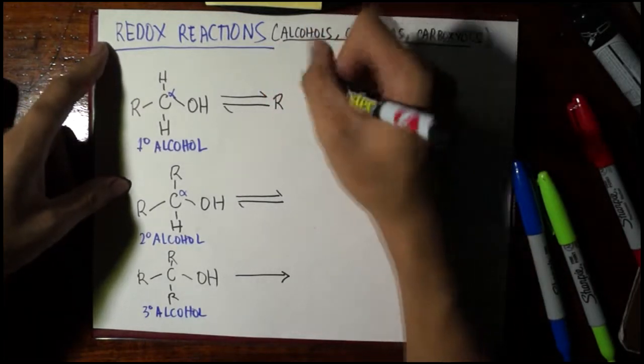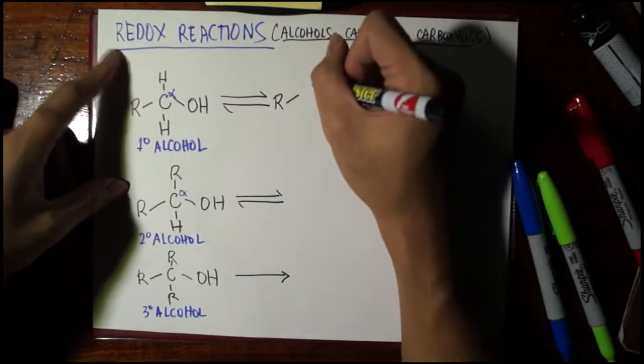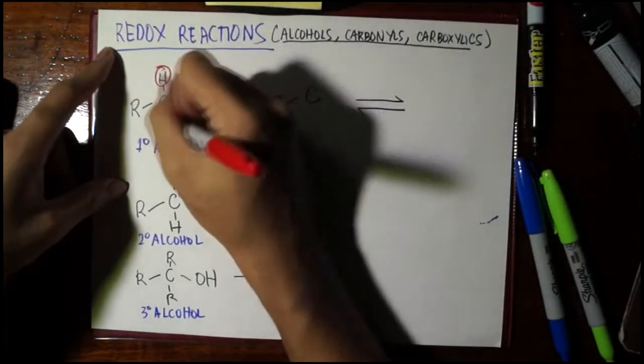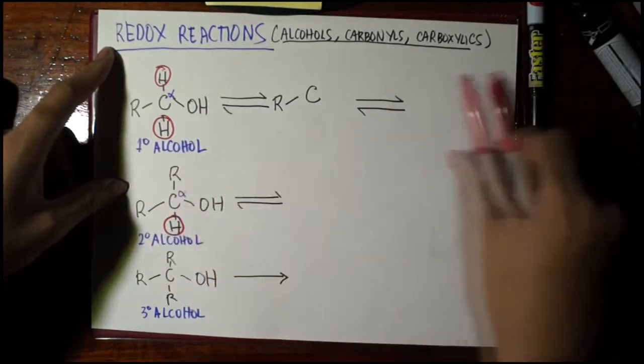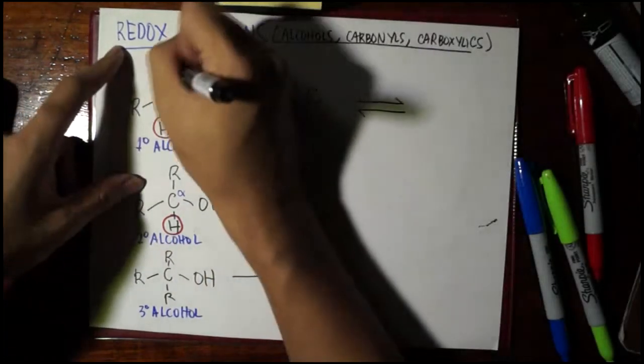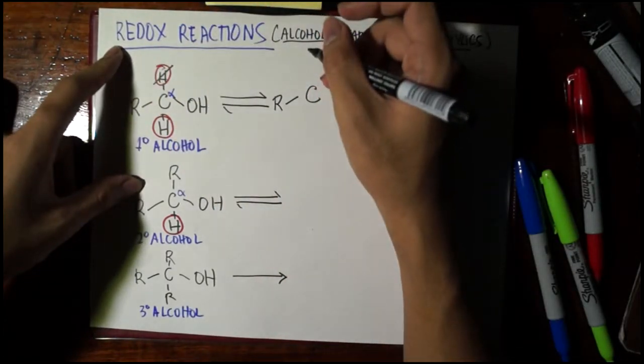Now, if we oxidize a primary alcohol, we should be able to get something we already discussed in the alcohols video, so that's why I wanted you to watch it first. To make things even clearer, I'm going to encircle all hydrogens that can be oxidized. So here, let's use one hydrogen. Then what happens?